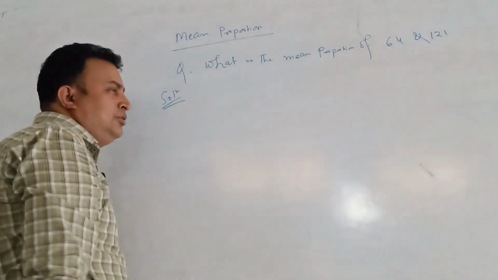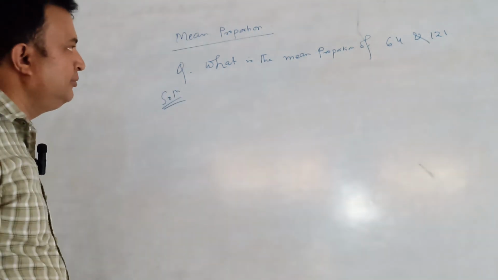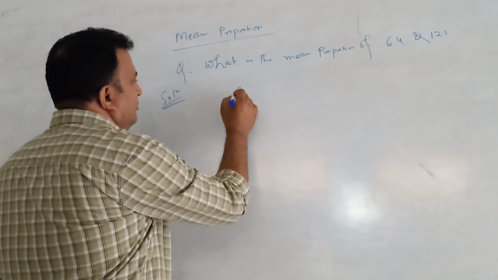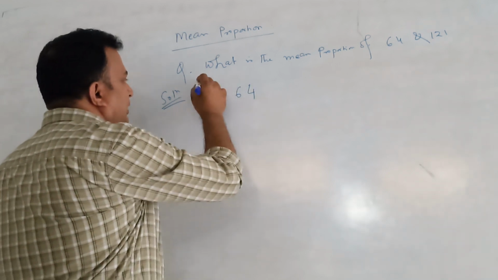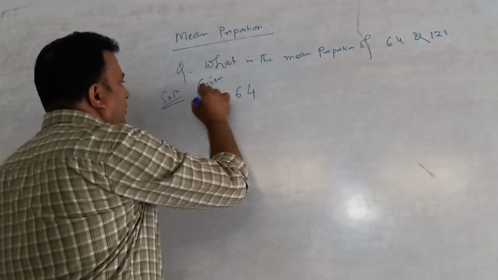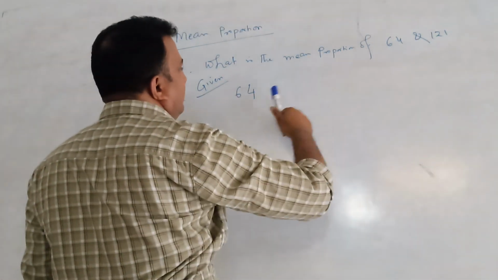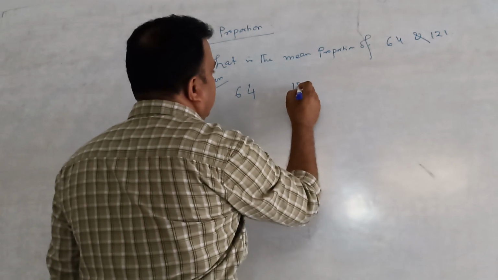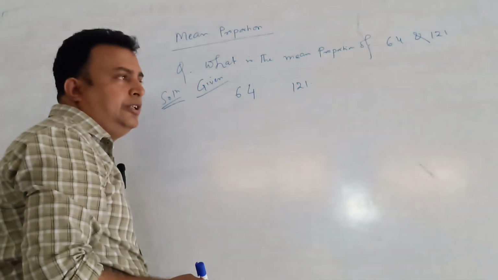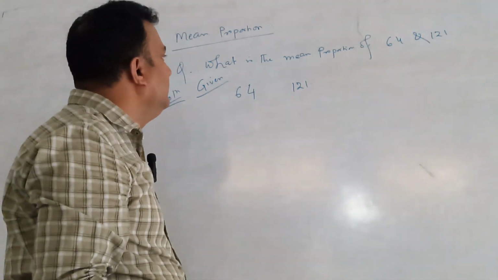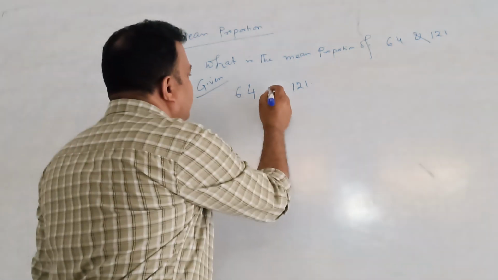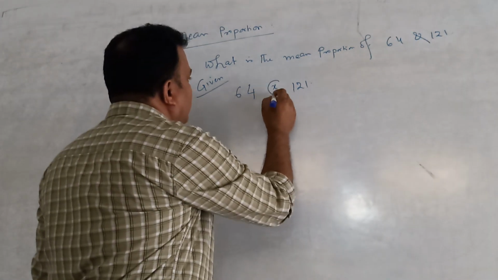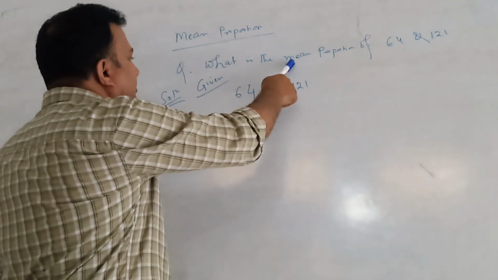Now let us see how to find out this mean proportion. Given one term is 64 and another term is 121. You have to find out the middlemost term, that is mean proportion. Mean means middlemost.